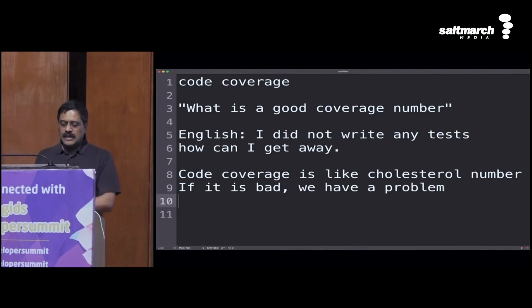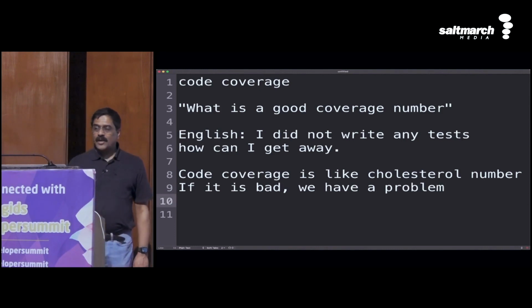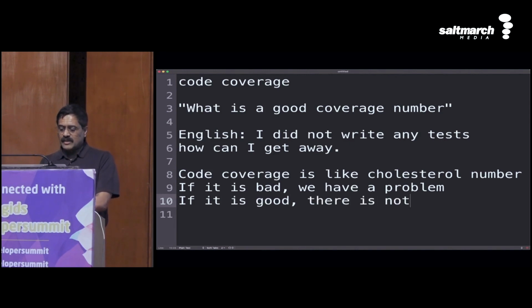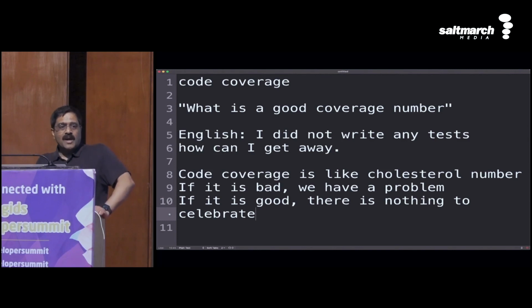So you go to the doctor and he says, oh my gosh, your cholesterol number is so terrible, you better get your act together, otherwise you're going to be in trouble. If it is good, there is nothing to celebrate. I don't go to the doctor and say, doctor, can we have a party called Great Cholesterol Number Party? Right? Can you give me a certificate? I'm awesome because my cholesterol number is good. The doctor's like, get out of here, right? So there's nothing to say.